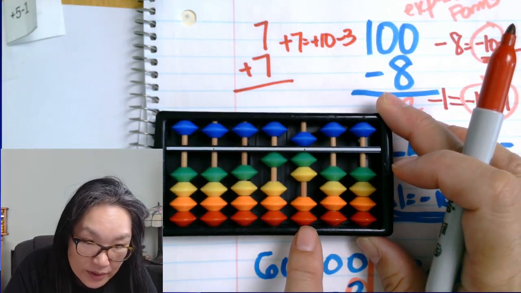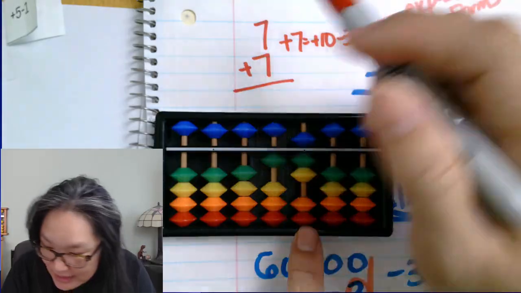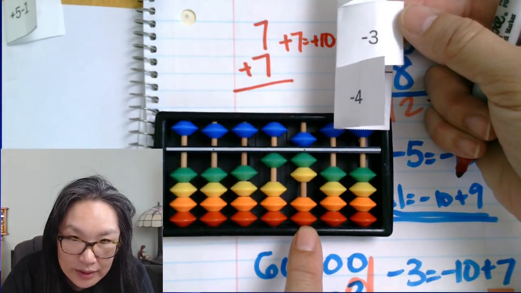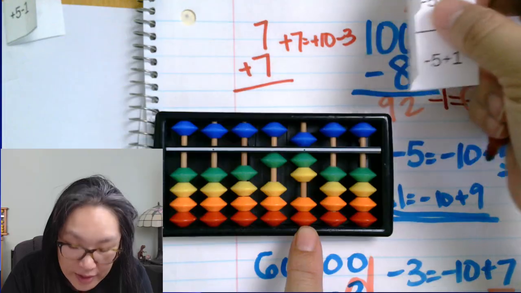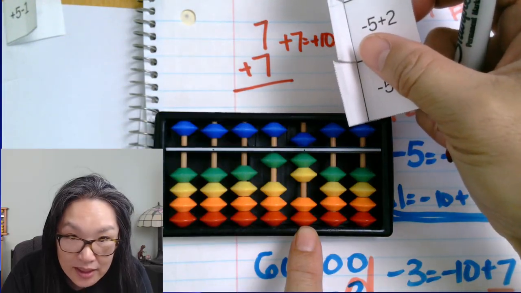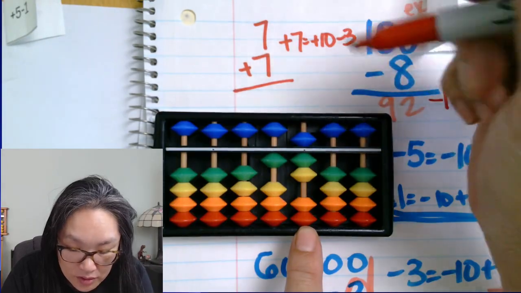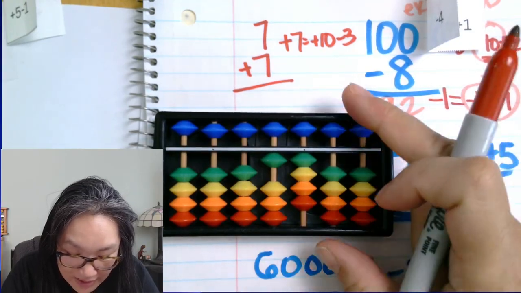No, we can't. Minus the 3 is a 5 concept. To minus the 3, can I take away the 5? Yes. Minus the 5 is equal to plus the 2. So I minus the 5 and I plus the 2. So then my answer is 14.